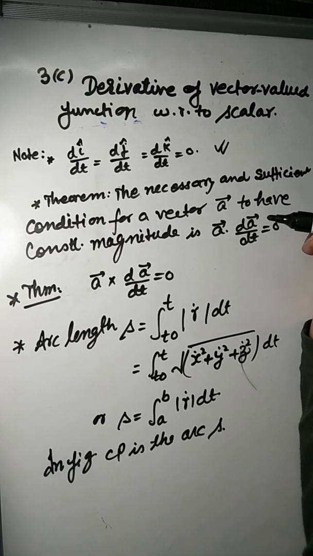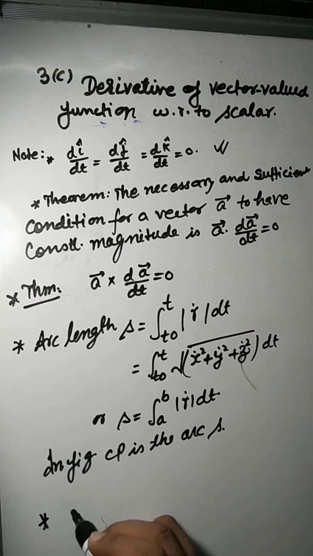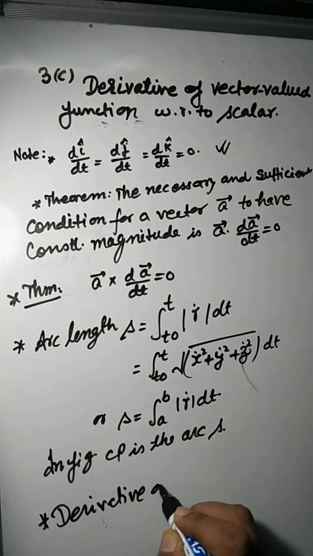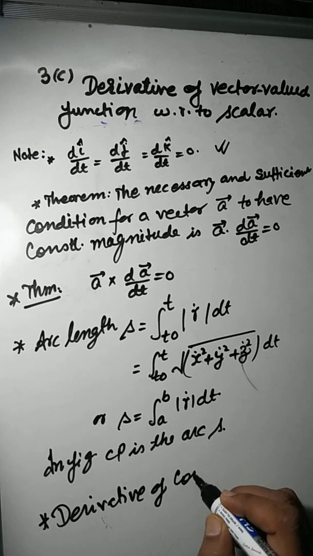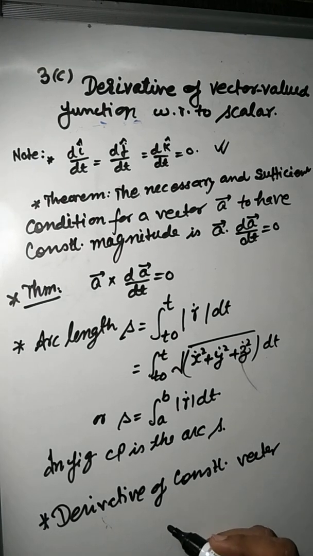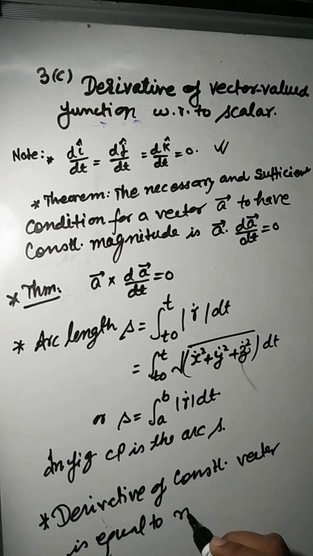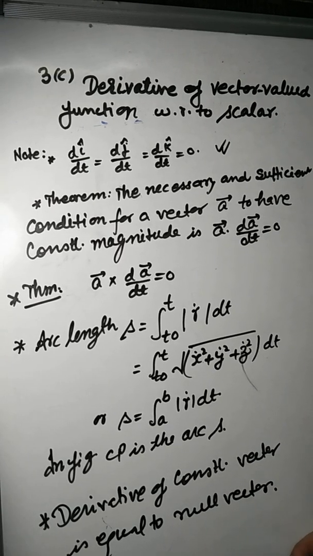So it is the 0 vector. So we can say the derivative of a constant vector is equal to the null vector, zero vector.